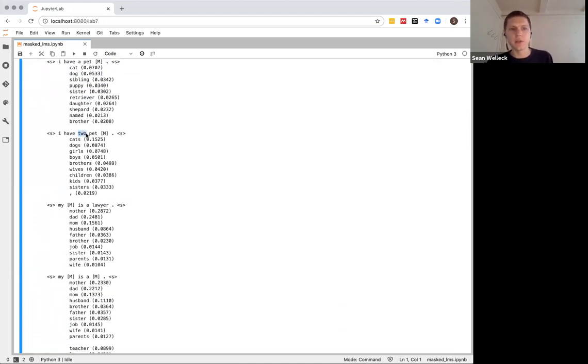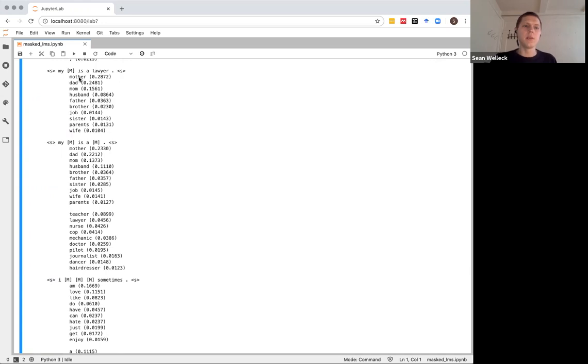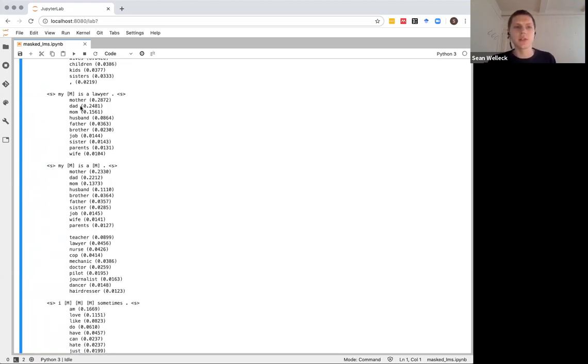Here, when we add the word "to", you can see that it puts this plural, "cats," there again, and that would have the highest probability. Now, this mask was almost at the end of the sentence. It actually technically wasn't at the end. But again, the difference with this masked language modeling is that this mask could be anywhere in the sentence.